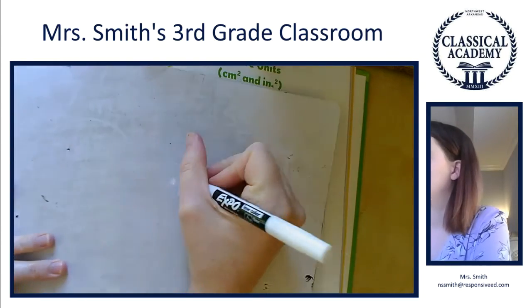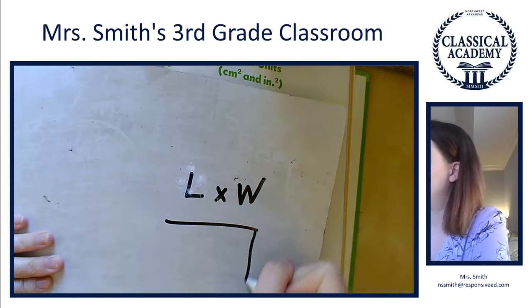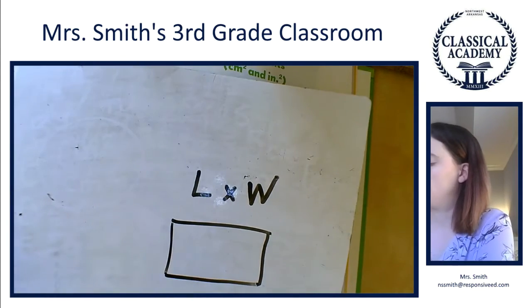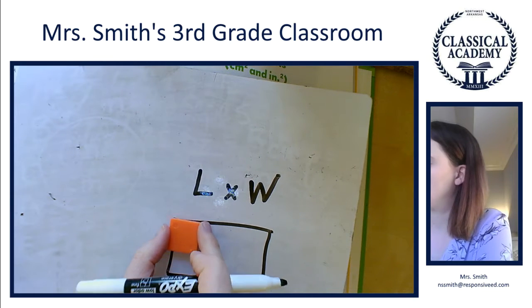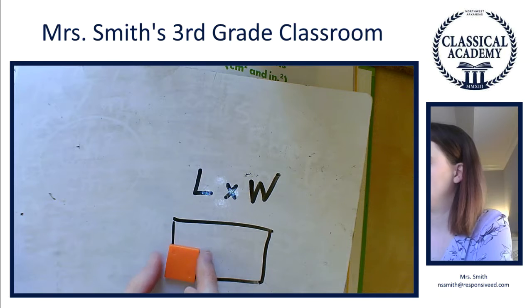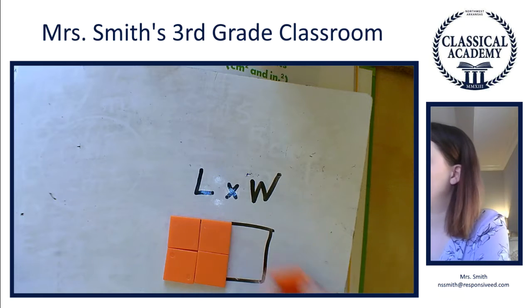So if you look, length times width. Any rectangle can be found, the area, by multiplying its length, which is maybe 1, 2, 3 long, and 1, 2 down. Any rectangle or square can be found this way.